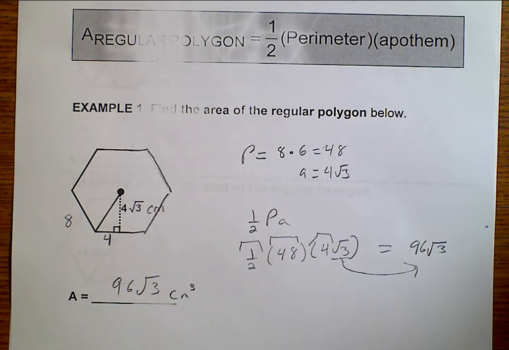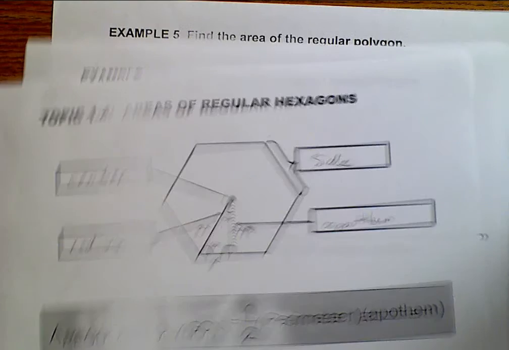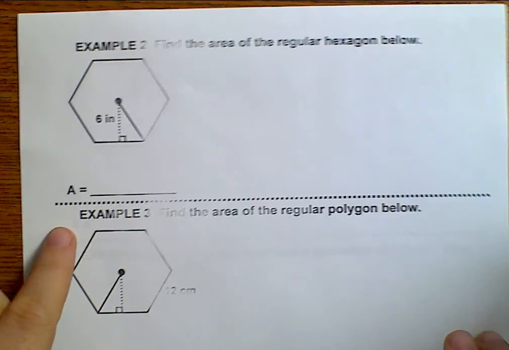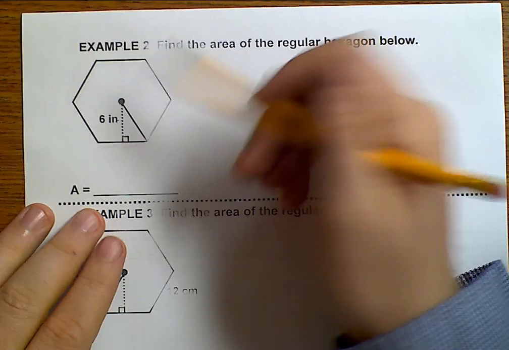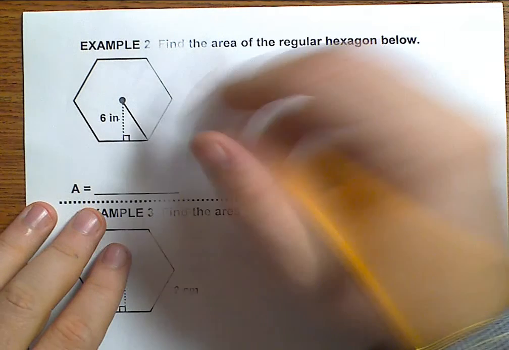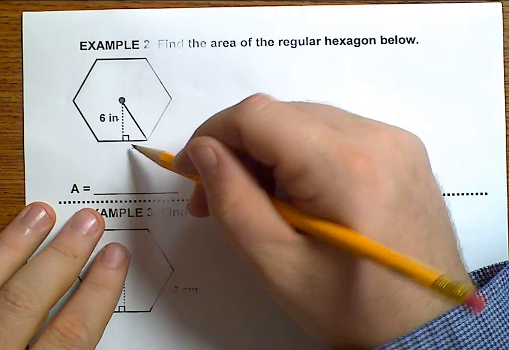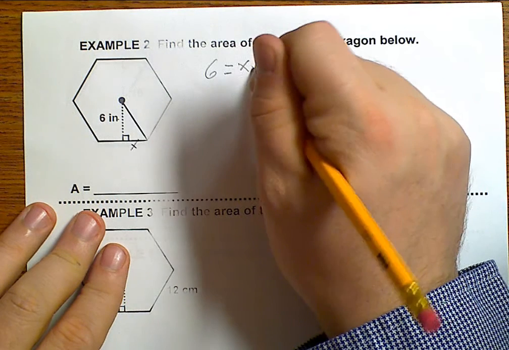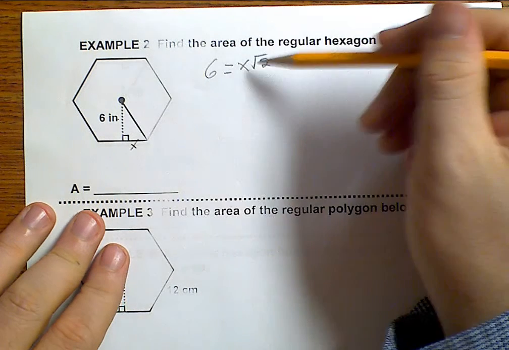Moving on to example number 2. Here they've given us the apothem. Well, that was nice. This is the apothem, and I need to find what that piece is. Well, 6 equals x on the square root of 2, and we need to figure out what x is.